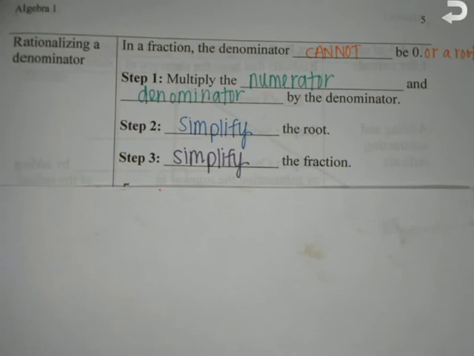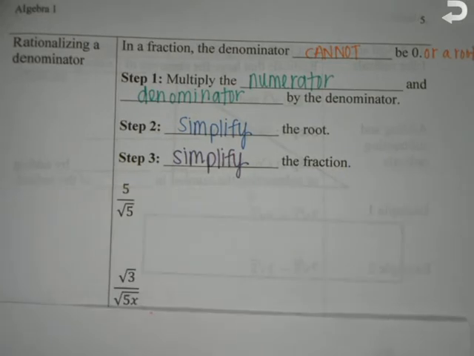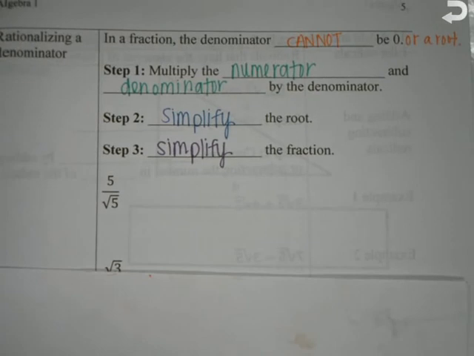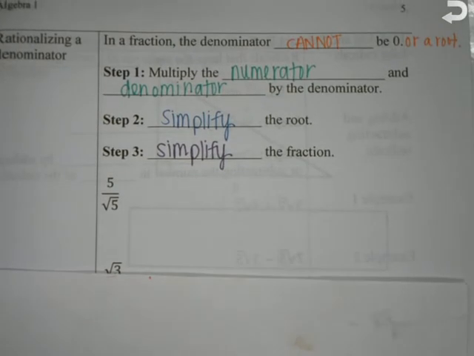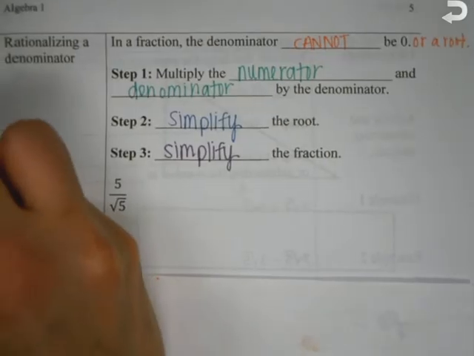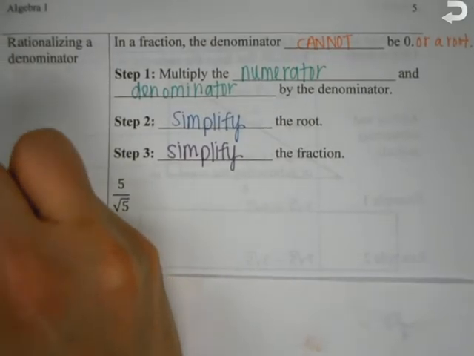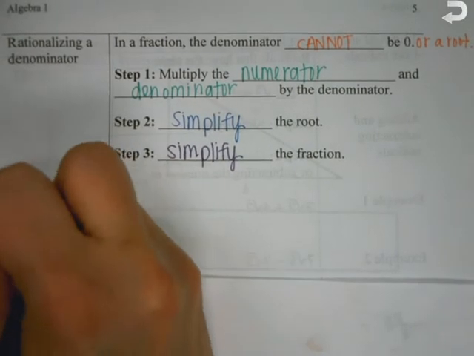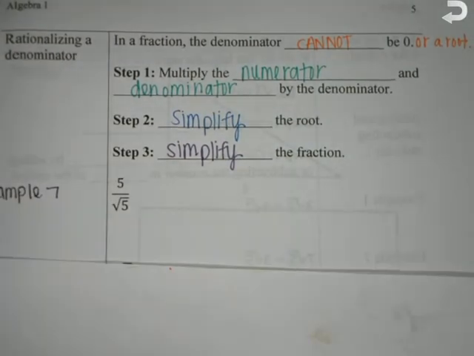So let's look at, oh, I didn't write the examples. Oh, darn it. Okay, so this would be example 7. 5 over square root of 5.